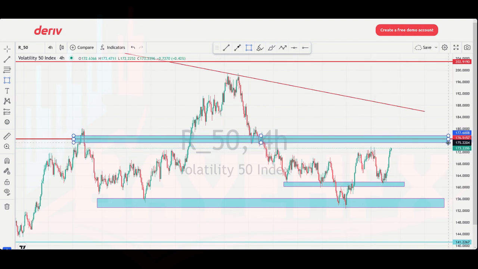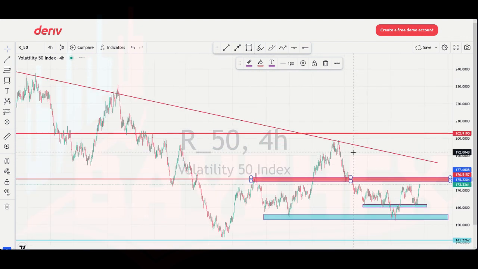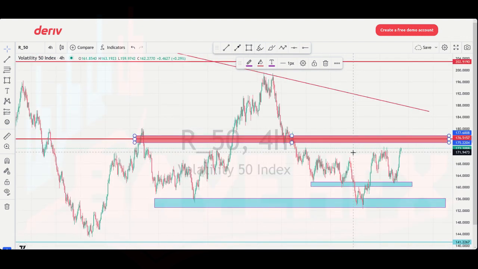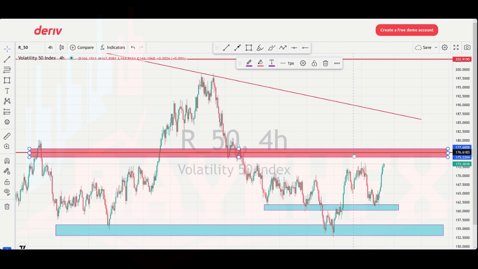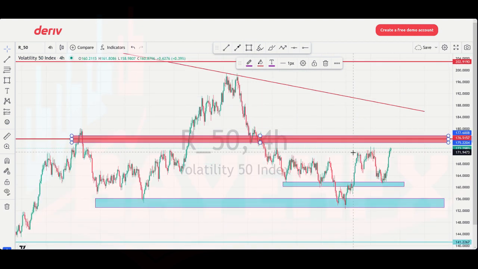So once there's a breakout within that particular zone, we'll be buying long, as you can see. So we're going to reduce most of these lines so the chart should not be confusing. But I made this analysis like this so it will be easier for you to understand exactly what the market is saying.